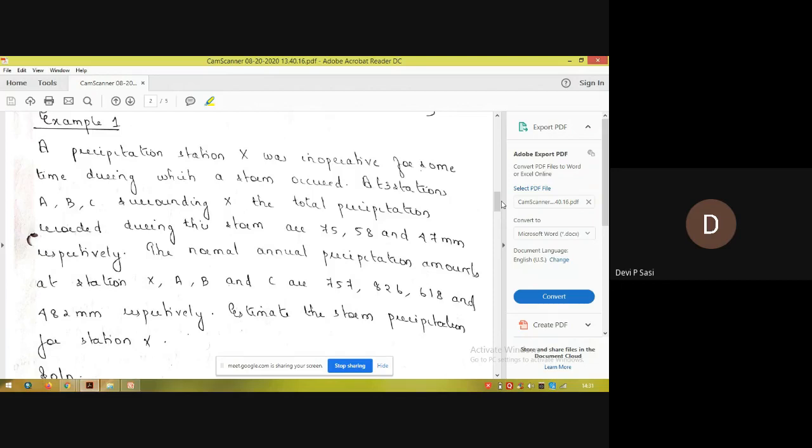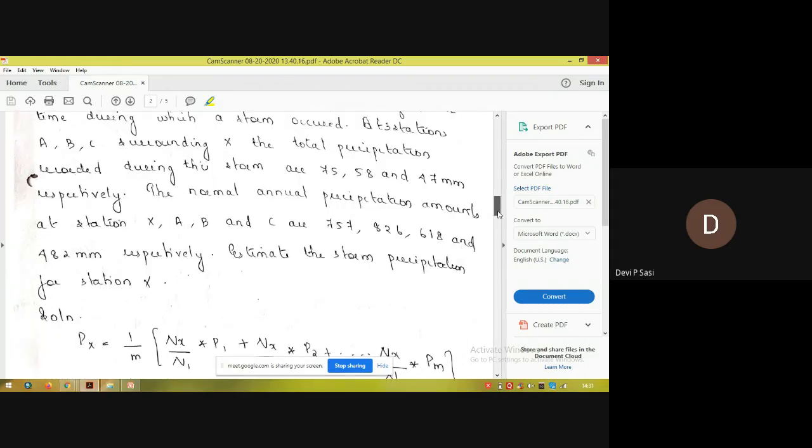Okay. Precipitation represent ചെയ്യുന്നത് total rainfall അല്ലെങ്കിൽ total precipitation represent ചെയ്യുന്നത് P വെച്ചിട്ടാണ്. So station A, B, C ആണ്. So എന്ത് പറ്റും? P1 or PA is 75. P2 or PB is 58, P3 or PC is 47. Okay. Now, the normal annual precipitation amounts at station X, A, B and C are.